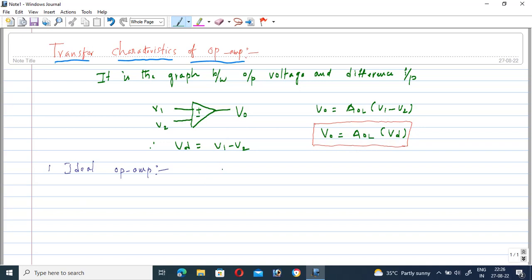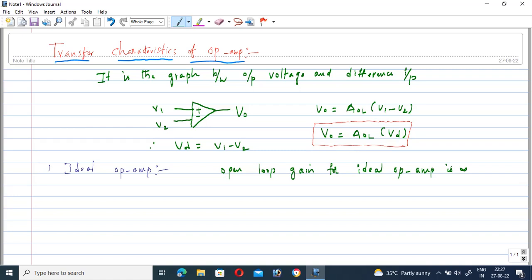We know that for the ideal characteristics of an op amp, the open loop gain is infinity.